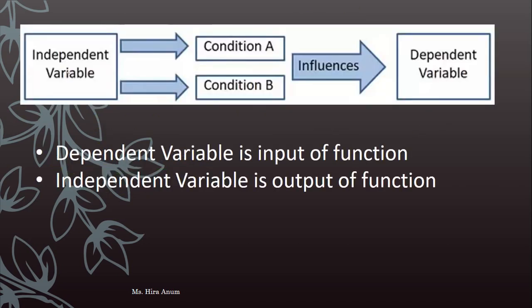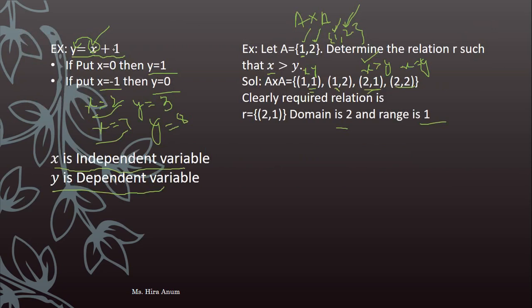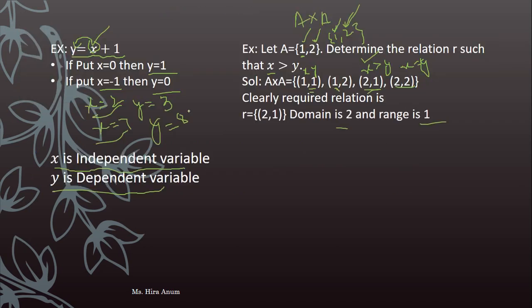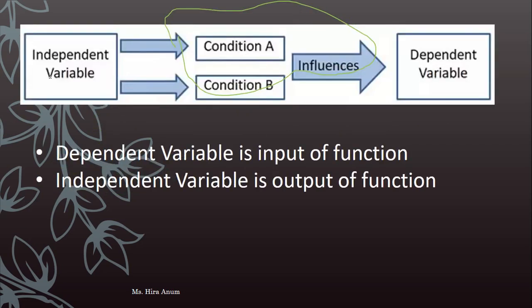When we put in the independent variable, condition A and condition B influence the dependent variable. You can see we have some values and other things. These are the changes. When we put in the relation, this will change the value. Exactly like this, we put an x value, we find the value of y.